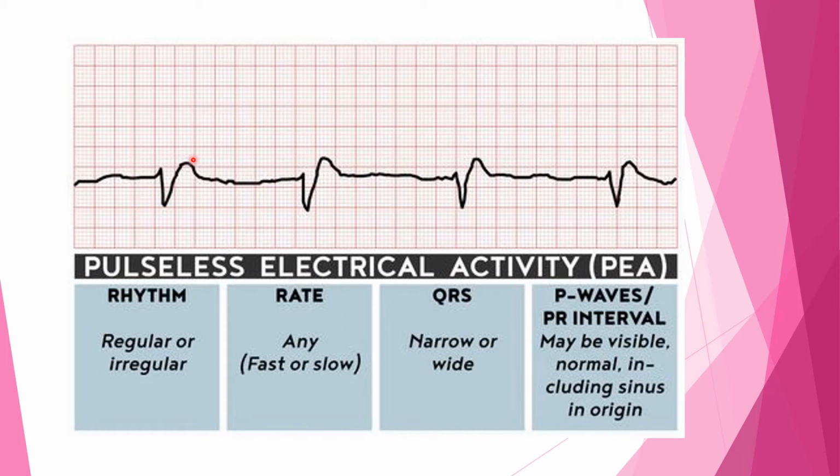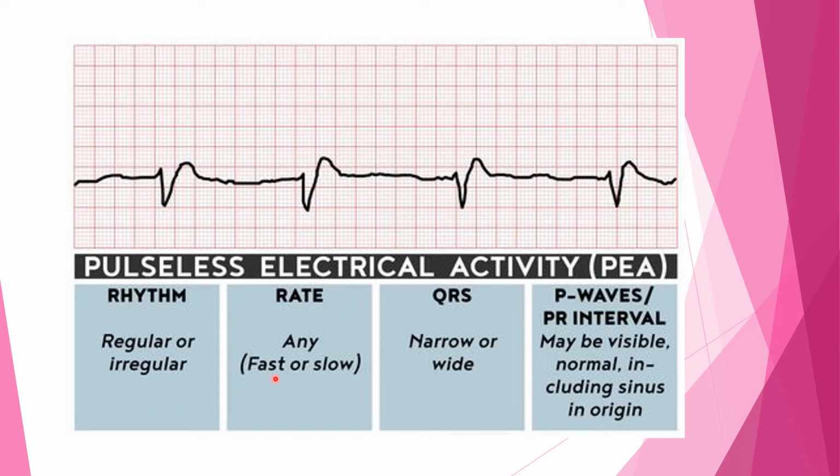If this rhythm is on the monitor, there is QRS, okay? There is QRS, but when I check the pulse, no pulse. So this is pulseless electrical activity. The rhythm may be regular, may be irregular, maybe sinus rhythm, sinus tachycardia, sinus bradycardia, maybe AF, maybe supraventricular tachycardia, but when I check the pulse, no pulse, so I will say this is pulseless electrical activity.